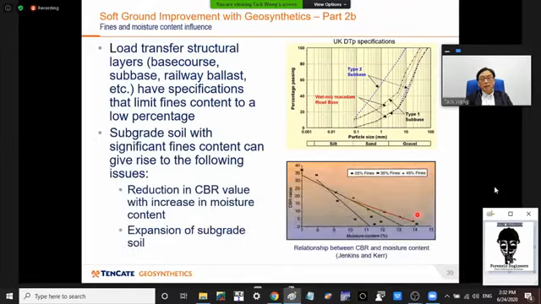And with the gravel layers, we have a choice. We always can select. But with the subgrade soil, we have to work with whatever is on site. And the subgrade soil with significant fines can give rise to the following issues. The CBR value is drastically reduced when it increases in moisture content.